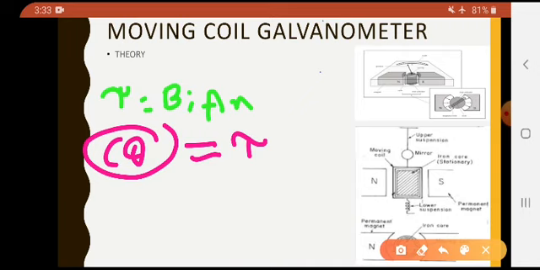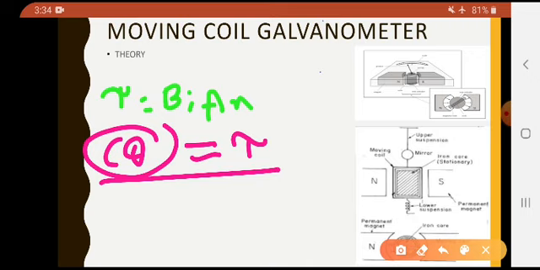If theta is the angle through which the coil rotates, and C is the torsion couple for unit twist, that is the couple required to twist the wire through an angle of 1 radian, then for the equilibrium condition, C theta equals tau.